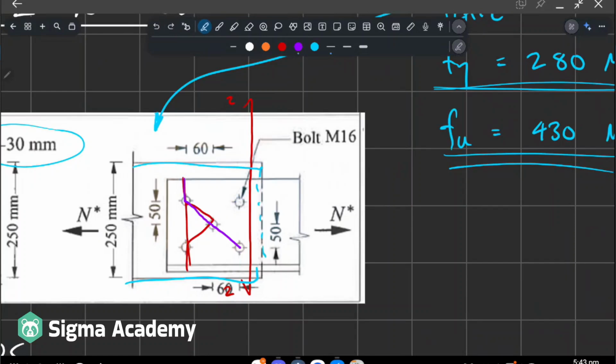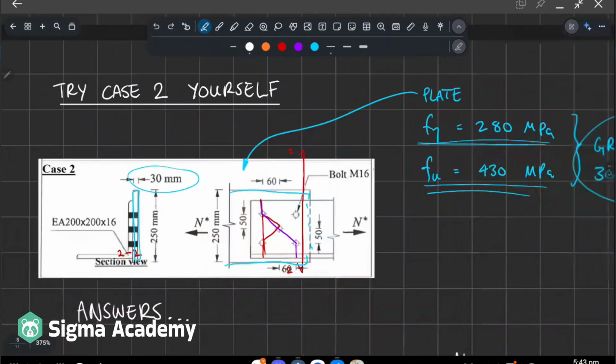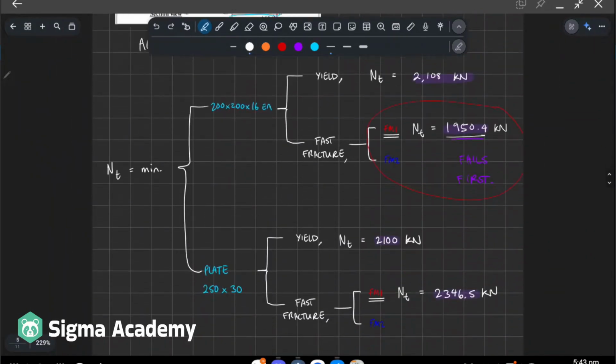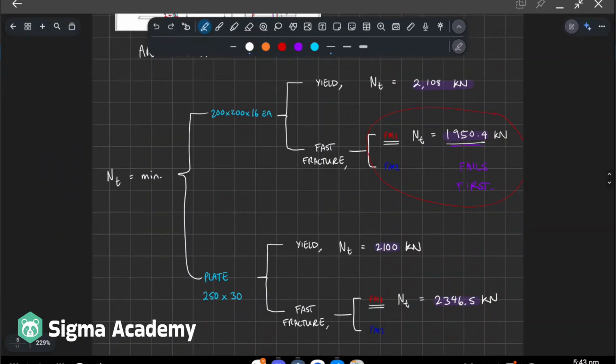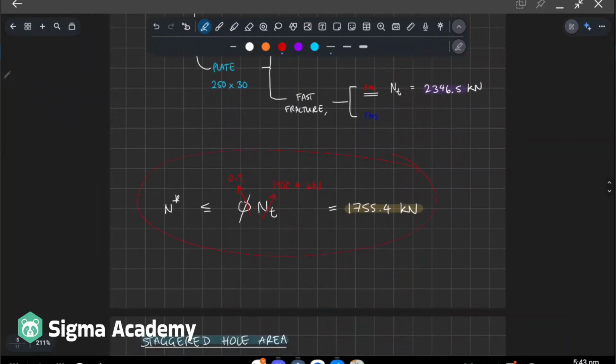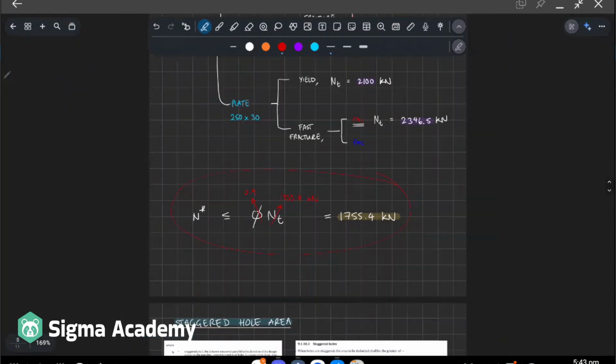They're going to take the path of least resistance. So you'll find that it's the exact same capacity as before, because we're still going off the 200 by 200 by 16 equal angle, which was part of case 1 too, and that's the thing that governs. So the force required in case 1 and 2 are the same.